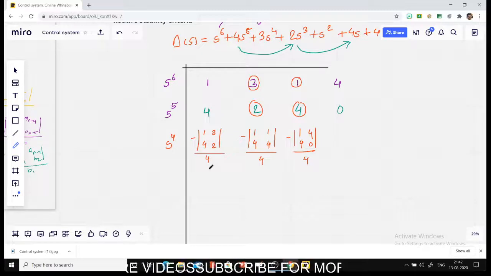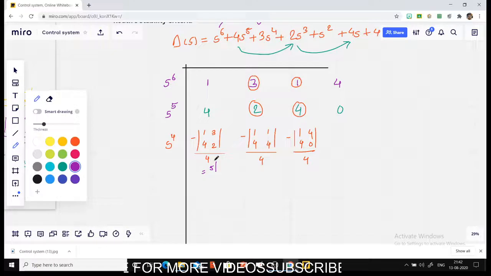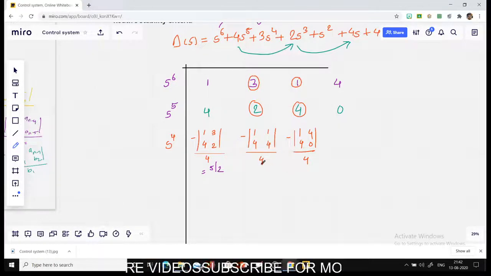It will be 4 into 3 minus 2 into 1, that is 10 upon 4, so it will be 5 by 2. The next will be 0, since 1, 4, 1, 4 get cancelled, and the last term is 4 into 4 divided by 4, which is 4.